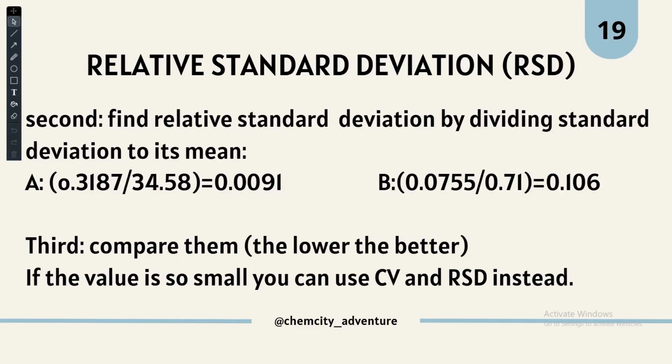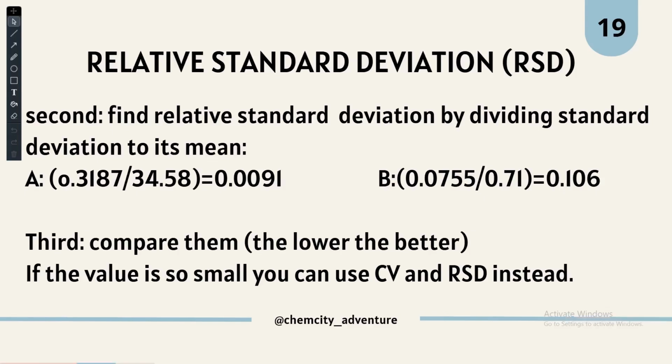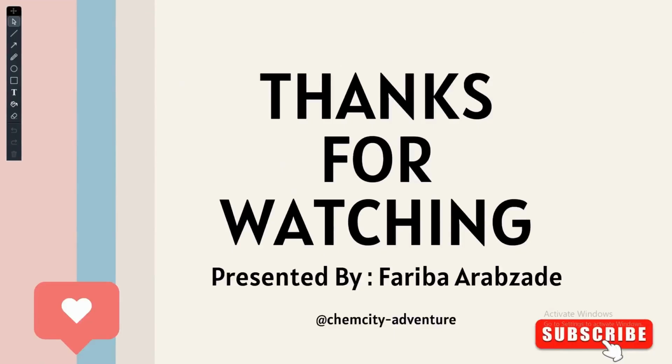Here we divided the answers by the mean, as a percentage, and the results are a little bit inaccurate because our standard deviation isn't accurate. Then you should just compare them and find the answer.